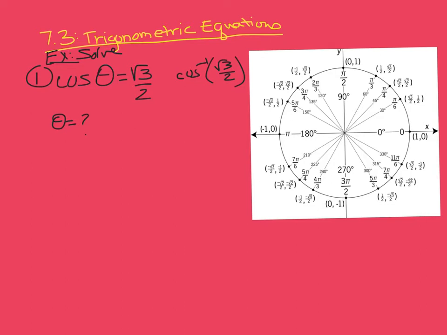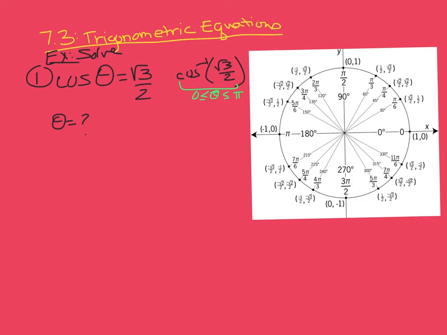Okay, so for this one, the one thing that is different from inverse functions is that inverse functions have a domain. So like the answer for this one, your theta, is always between 0 and pi.